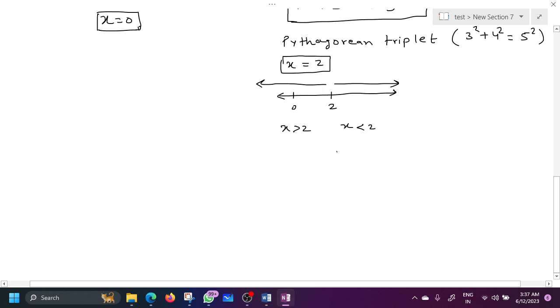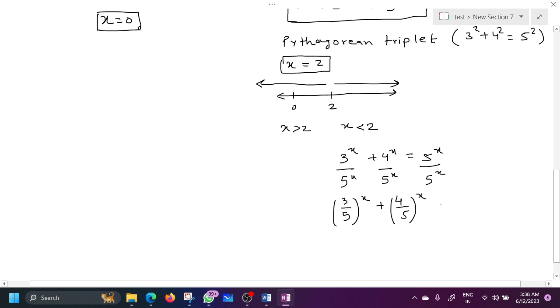We will rewrite the equation 3 power x plus 4 power x equal to 5 power x as 3 by 5 power x, 4 by 5 power x and 5 power x by 5 power x. So we will get 3 by 5 power x plus 4 by 5 power x is equal to 1.